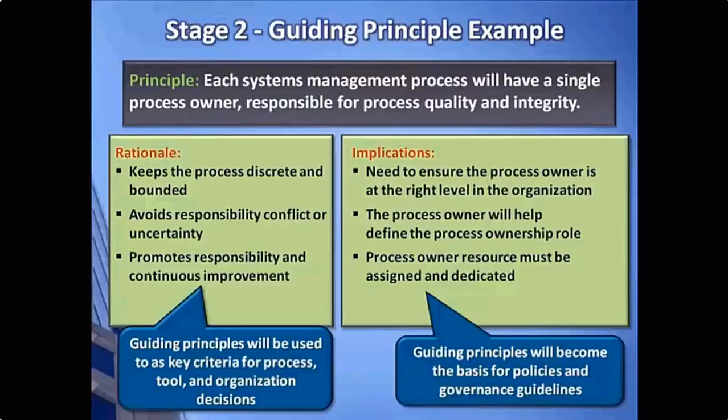So there's a task that may need to happen. The process owner resource must be assigned and dedicated. So this implies that we need to assign a person to this role. There may be other things that you have specific to your organization. It possibly means we need to hire additional resources, or maybe we need to shift responsibilities in order to make this happen. So again, your implications focus on what this means to your organization.